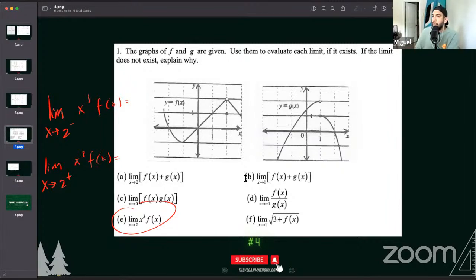So we approach 2 from the left side. For the first value, that x cubed, think of a number that's to the left of 2 but really, really close to 2, like 1.9 or 1.99.